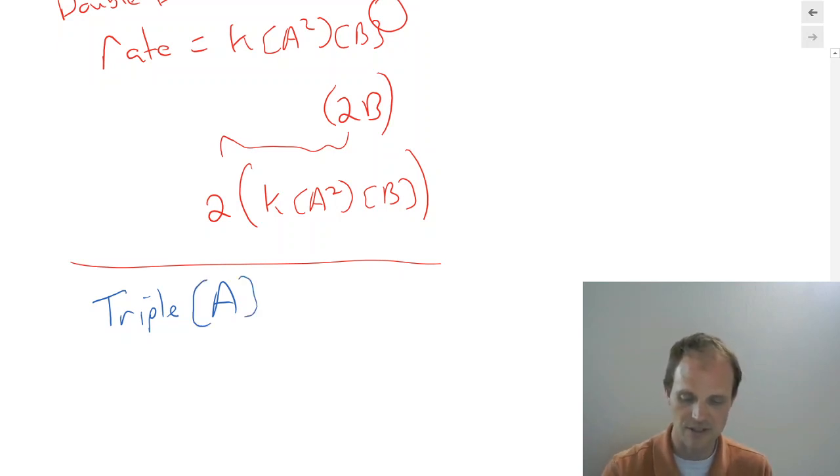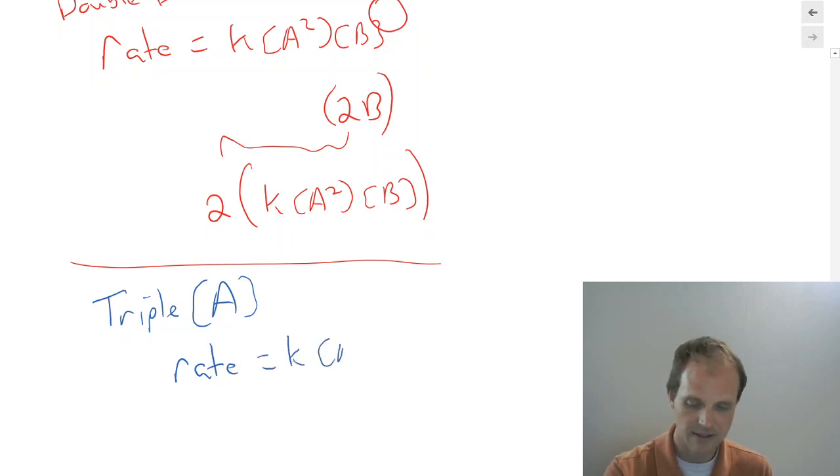So let me put the concentrations there. What do I have? I have rate equals k times A squared times B. And my new A is actually just 3A, right?